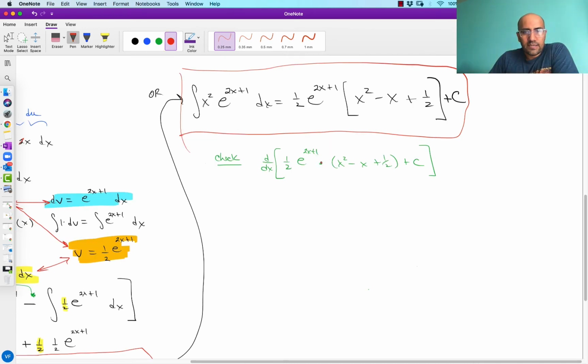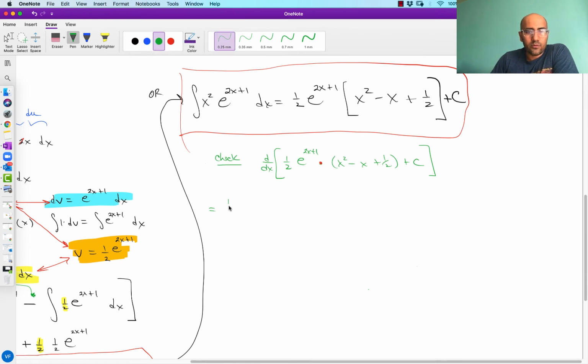Okay, so noticing that there is a multiplication there, I have a product rule. So this is going to be equal to the derivative with respect to x of the e to the, well, let's take out the 1/2.